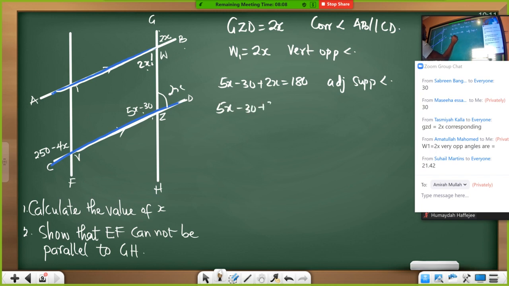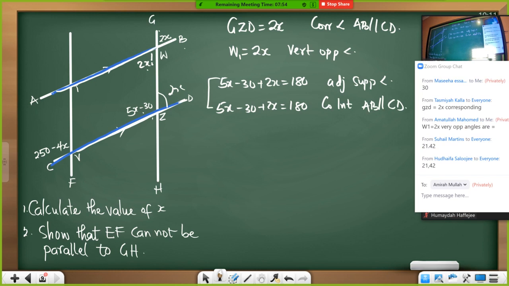What would be the reason for that? Co-interior angles, because AB is parallel to that. Do you see we actually get the same expression there? Now we can solve. 5x plus 2x will be 7x. 180 plus 30. 7x equals 210.